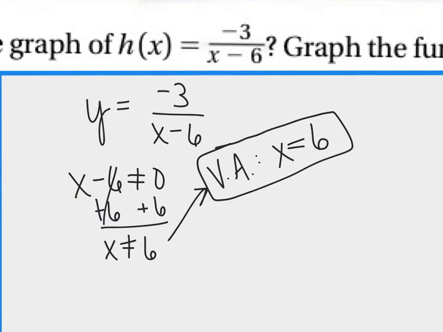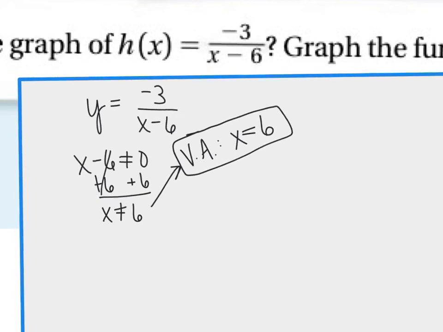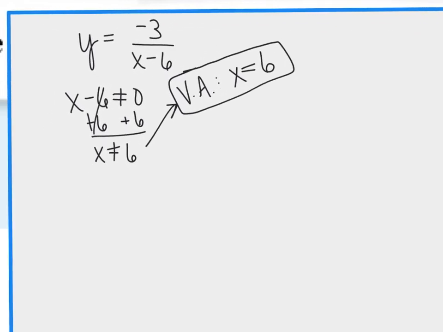So if we're going to graph this, what we want to do is pick some numbers close to 6 on both sides, and then we will see what kind of values we get.